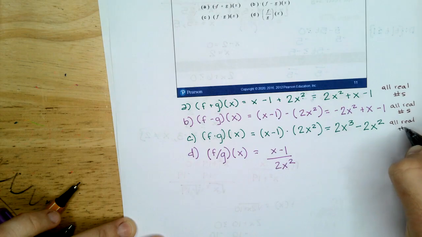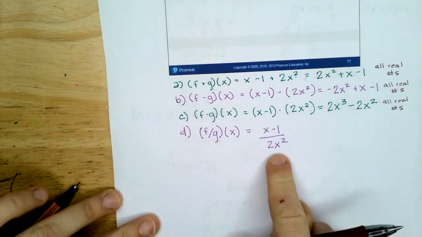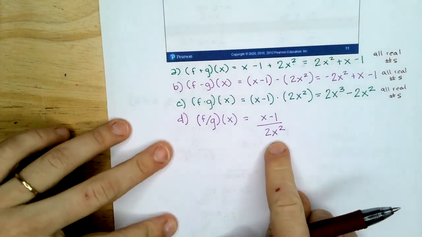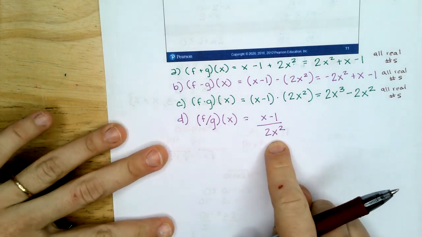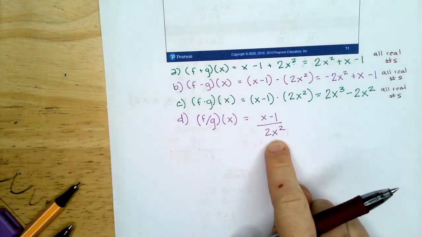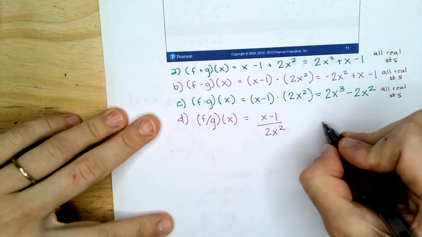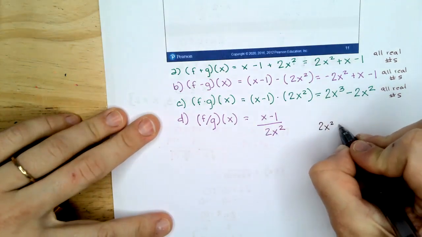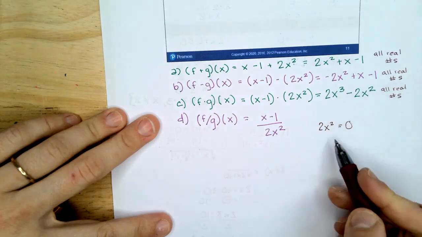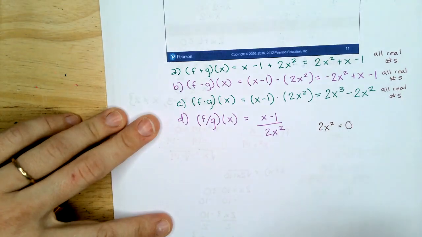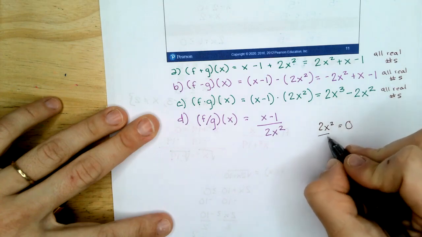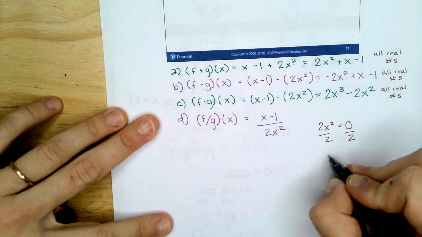Because remember, we don't care about anything unless there is a number or a variable in a denominator or a variable under a radical, an even root. Okay, so here we have 2x squared cannot be 0. So we solve it for 0 and we eliminate that answer. Divide by 2, divide by 2.